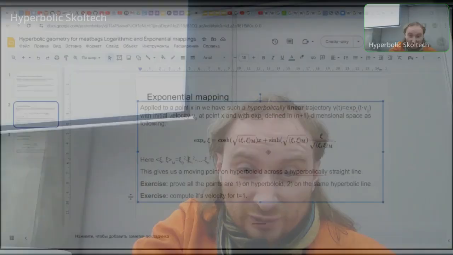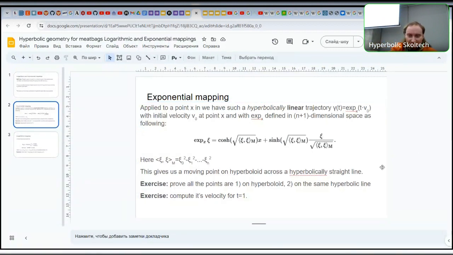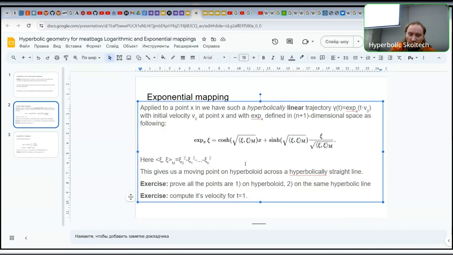I don't remember it. I just forgot if there should be a minus or a plus. So the best thing to do is to compute it in an exercise.